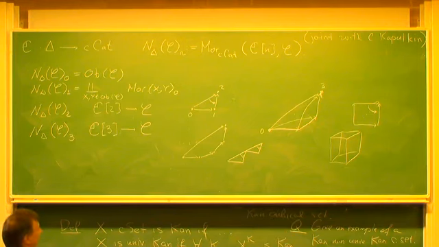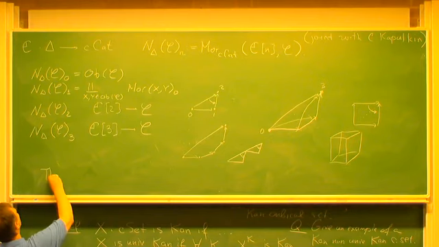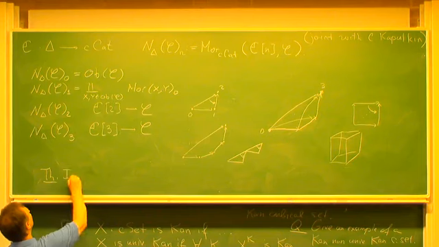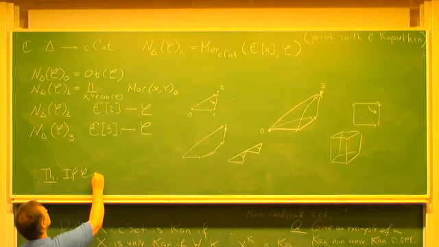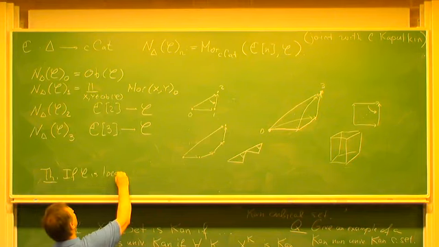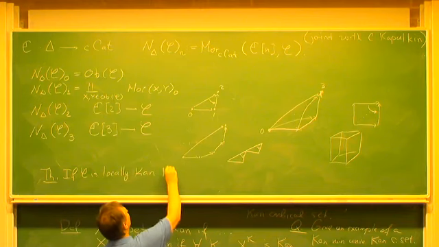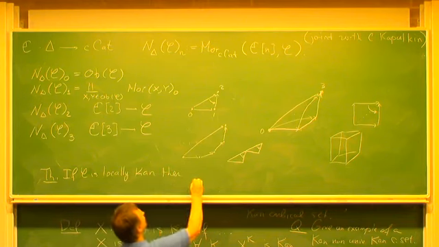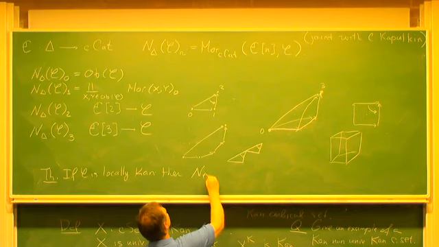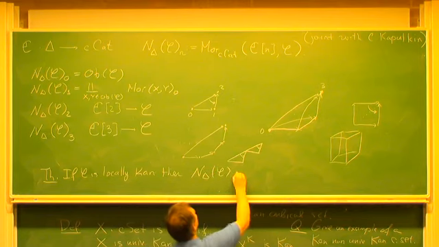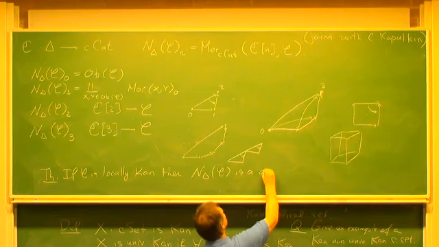And here is the theorem. If C is locally Kan, then the simplicial nerve of C is a quasi-category.